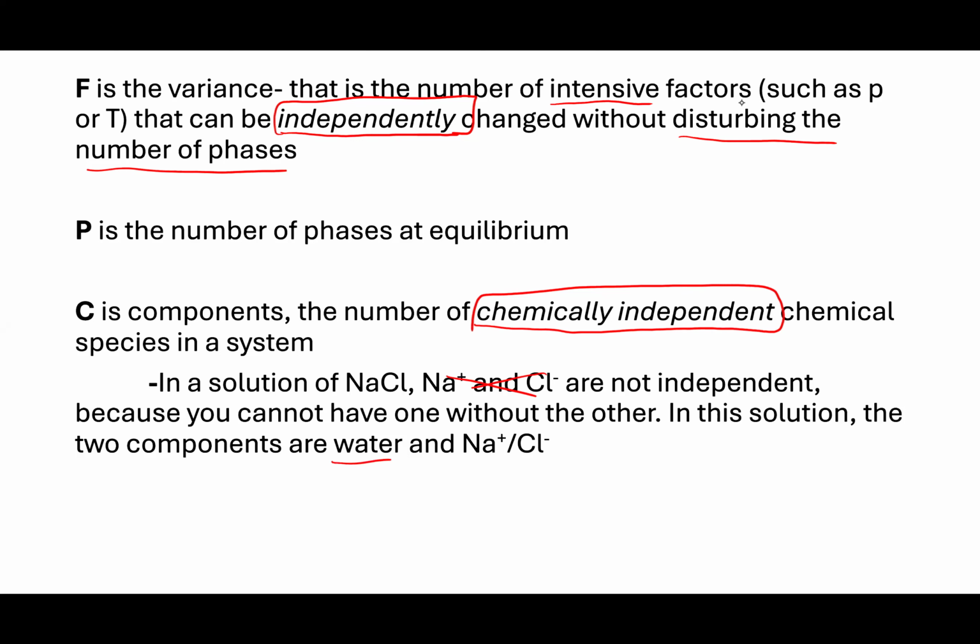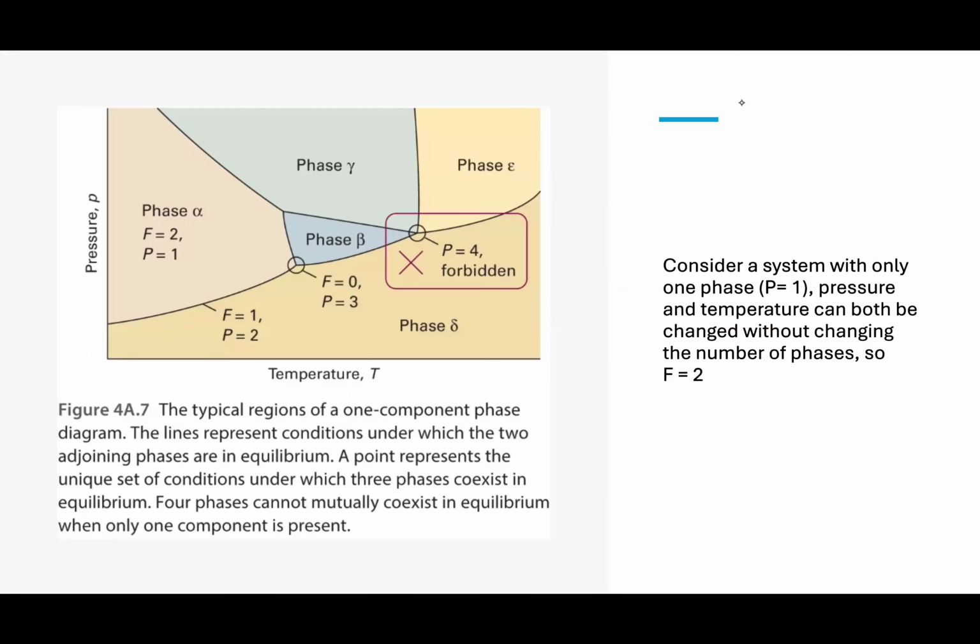One is water, H2O, and the second independent component is NaCl. They're going to be linked together, so we can count them as one component. That's the idea of chemically independent. Now, this mostly applies to ions, I think, for what we'll see, but it's just something to point out.